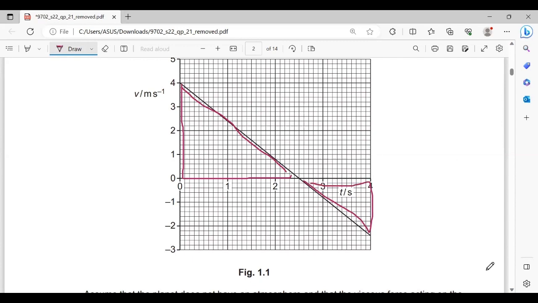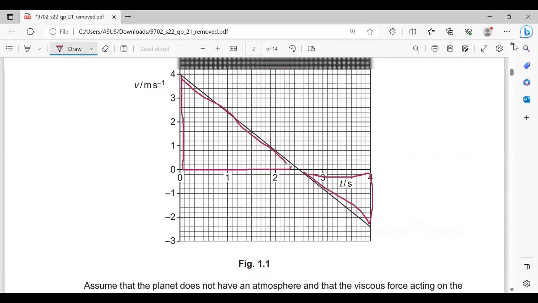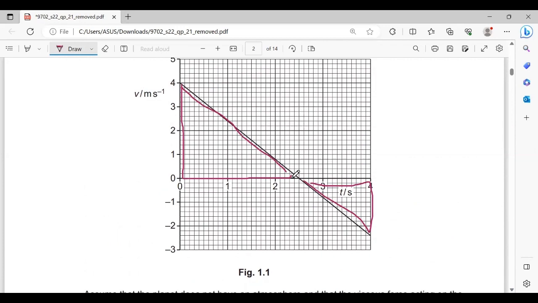Now let's calculate. For the first triangle, the base is 2.5 and the height is 4.